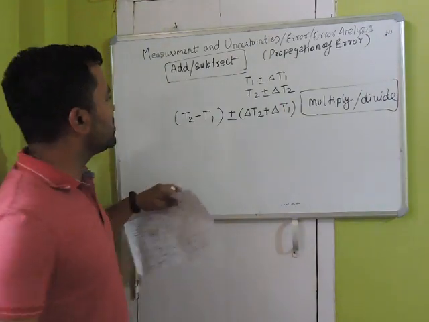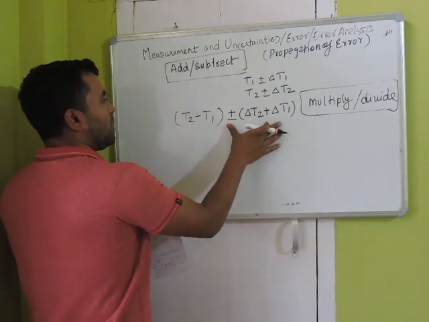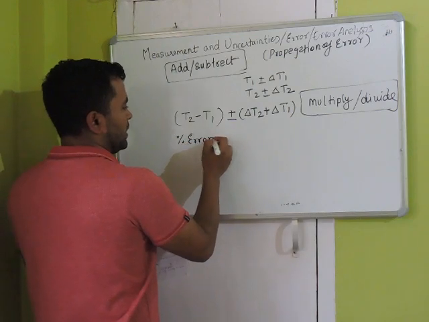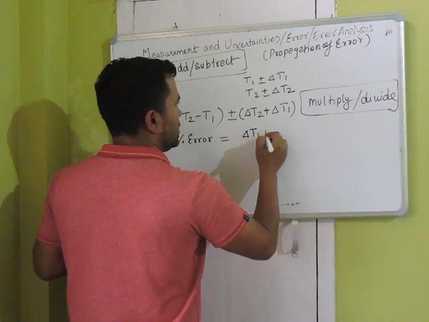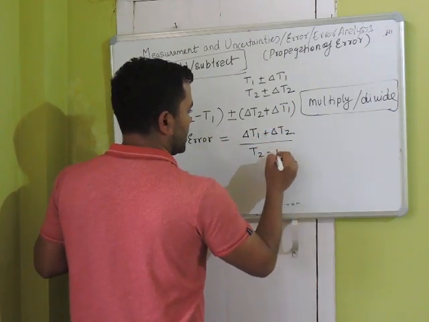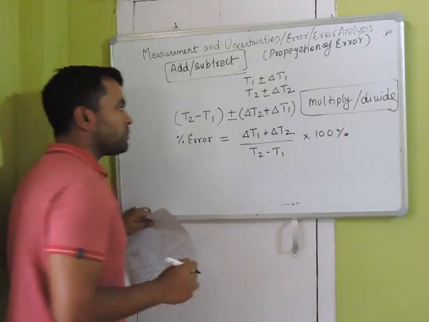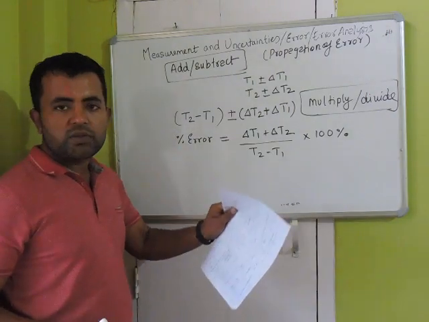Before going there, in this case the fractional percentage error is calculated by this formula: delta T1 plus delta T2 by T2 minus T1, into 100%. This is the percentage error in case of subtraction.